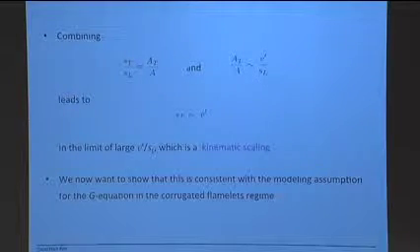Does that make sense? It makes sense in a way that in that limit, the large-scale limit, the flame is infinitely thin, which means that you don't really see what the flame is.